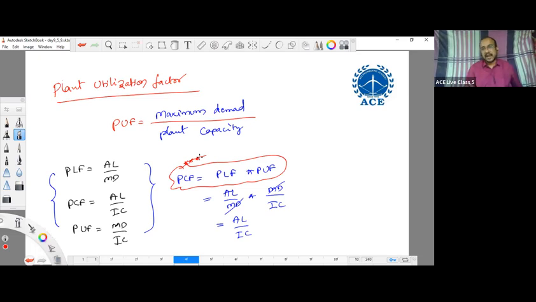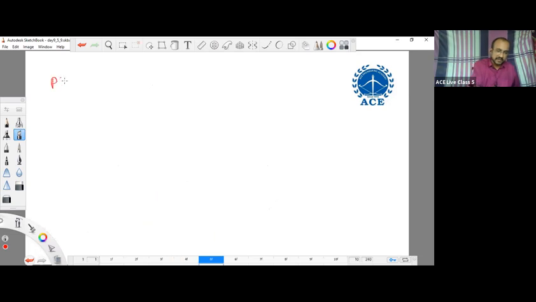Here the plant capacity factor and plant utilization factor, the PCF and PUF, are useful. What is the purpose of this calculation? Suppose you have a 200 megawatt generator and you have to enhance the existing system, that means upgrade it. For how much power do you need to upgrade? What is the enhancing capacity that you need to add? That is decided by the plant capacity factor and plant utilization factor.